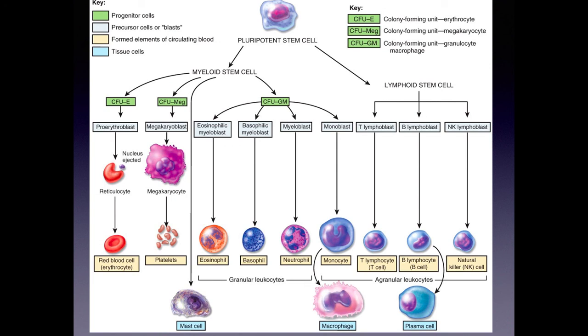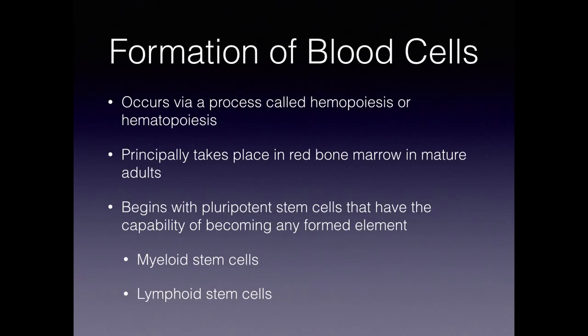That pluripotent stem cell has the capability of becoming any formed element, be it a red blood cell, any one of your 5 white blood cells, or even a platelet. So if we go back to our previous slide, you can see that this process of hematopoiesis begins with that pluripotent stem cell, and it can basically become any formed element that's necessary.